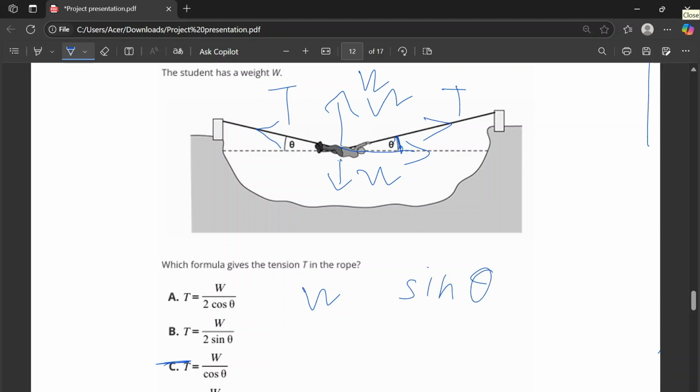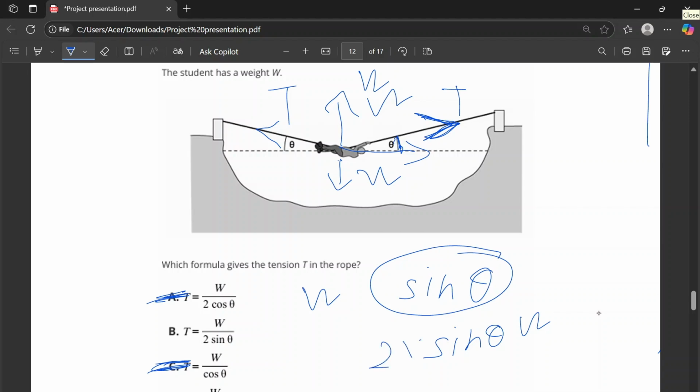From that we can eliminate the cosine ones, because we will use sine theta. So sine theta times the weight will give us this tension, and also we need this 2 times. So 2 times the tension, because there is also tension in this direction; in the rope, tension acts along the whole rope, so we need to multiply it by 2. So, as you can see, there is only one answer for this, which is B.